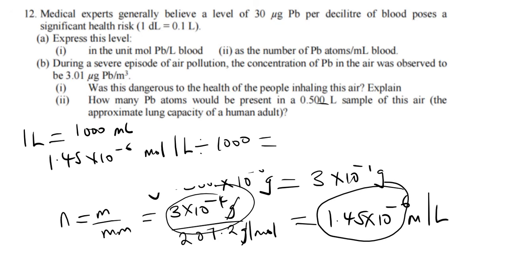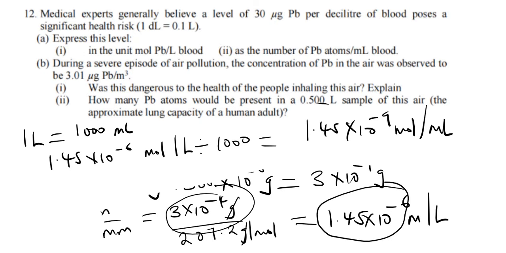So when I divide that number by 1,000, I'm going to have 1.45 times 10 to the power negative 9 mole per ml. Now that I've got that, that's the one I'm going to use to change to atoms per ml.